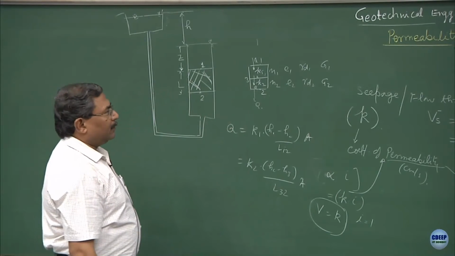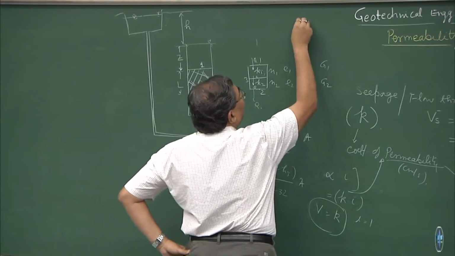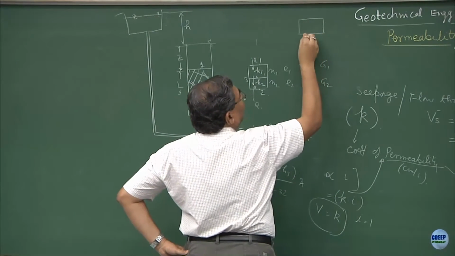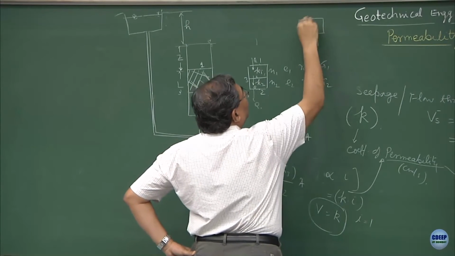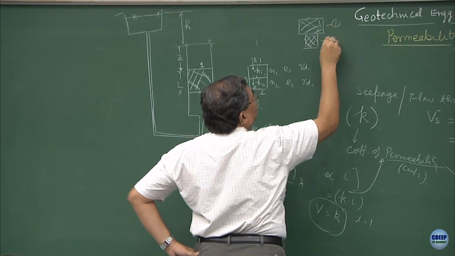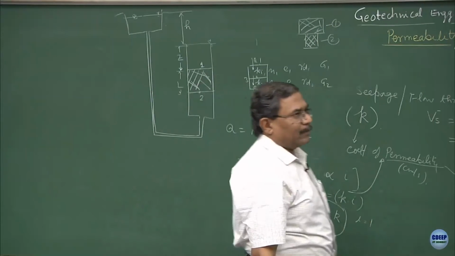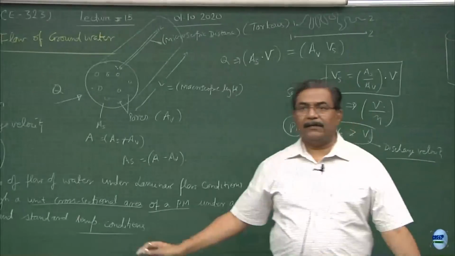Another manipulation, what can I do? I can reduce the area of cross sections. So, I can create a sample like this, the first layer, and then the second sample is sitting like this. So, this is your first sample, this is your second sample, or a multi-layered sample, whatever. Is the concept clear?